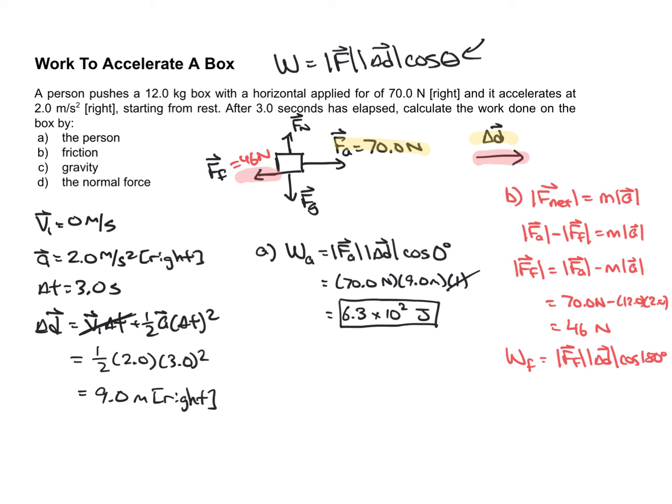So if I were to try to draw an angle between them, it would be a 180 degree rotation. So that's 46 times my displacement of 9, and cosine of 180 degrees is -1.